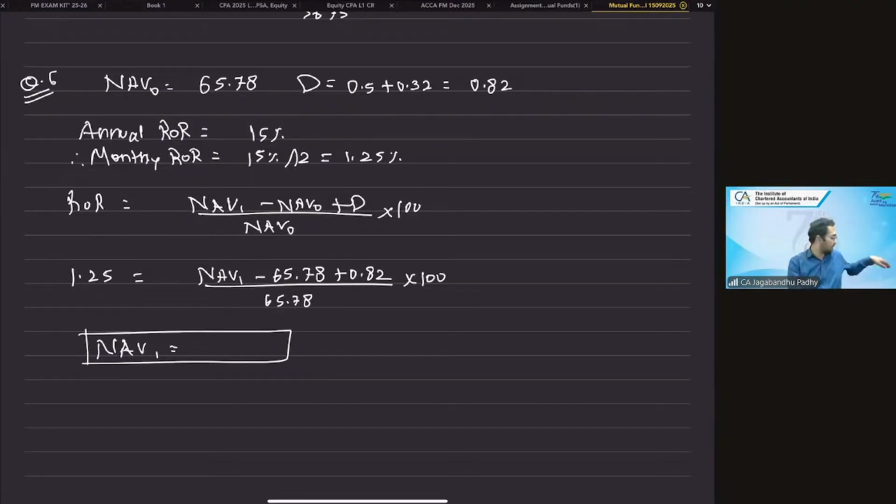Can you calculate the NAV, guys? 147.185.